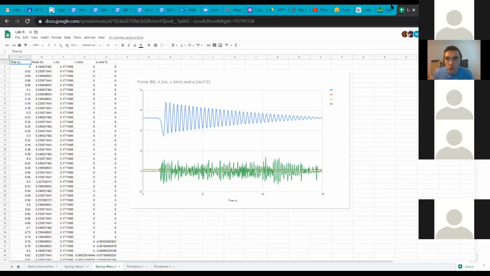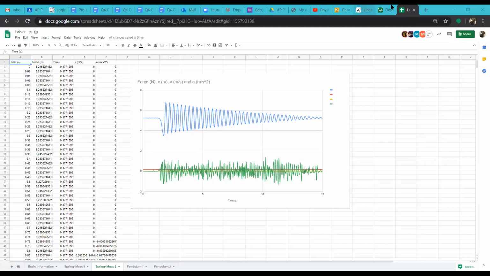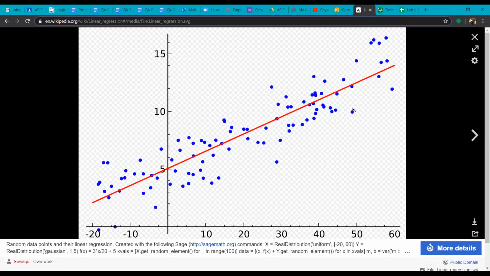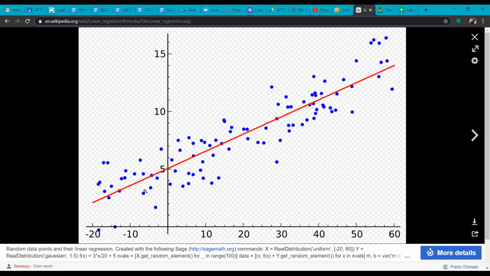let's talk a little bit about what regression is as a mathematical theory and as an object. So this is the Wikipedia page for linear regression. And what linear regression is: if you have a set of data which is roughly linear, like it is in the default picture for this article, there is a mathematical technique which will produce for us a line that tries to latch onto what this trend is.